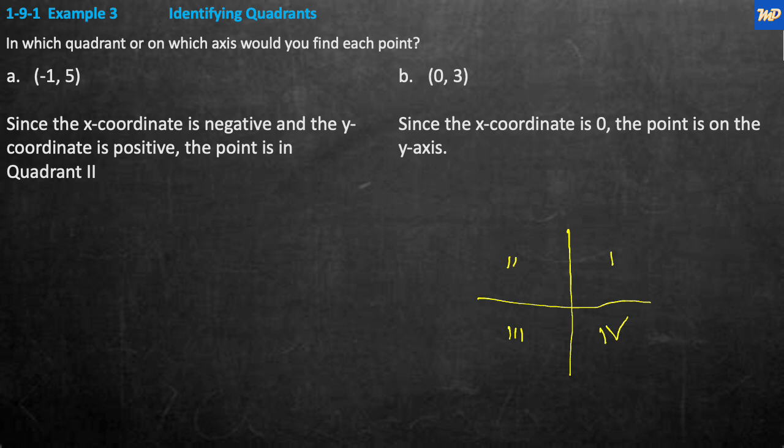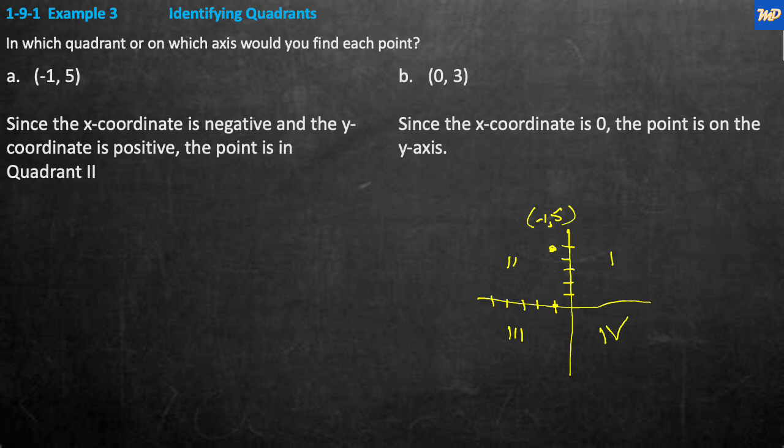So negative 1, then 1, 2, 3, 4, 5. So we're going from negative 1 right here up to 5. Negative 1, 5. So there's our point.